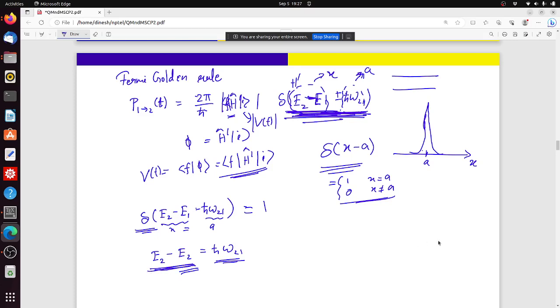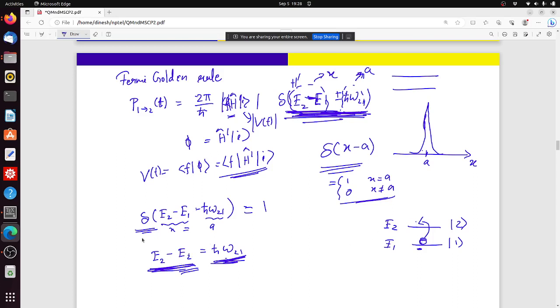What does this mean? There are two states, 1 and 2, with energies E1 and E2. So what does this condition mean? Let's say your particle is here, and you have to give some energy to this particle to shift it to this second state, right? How much energy do you have to give?